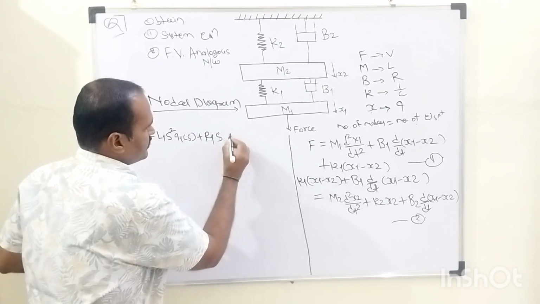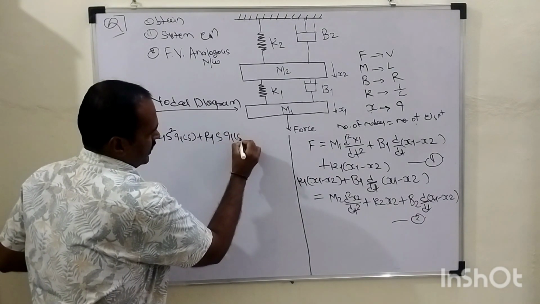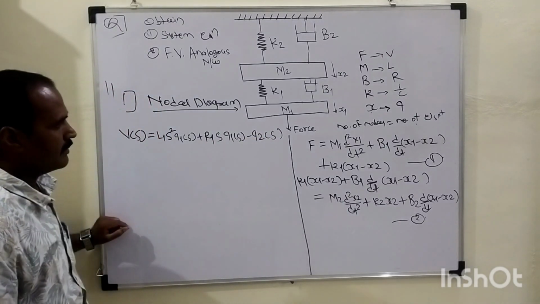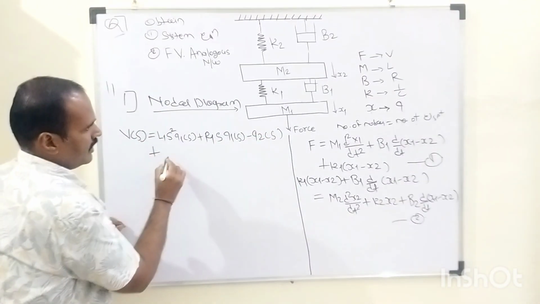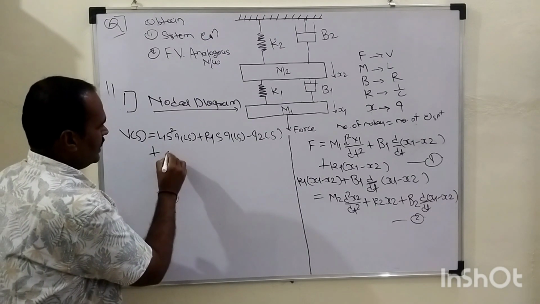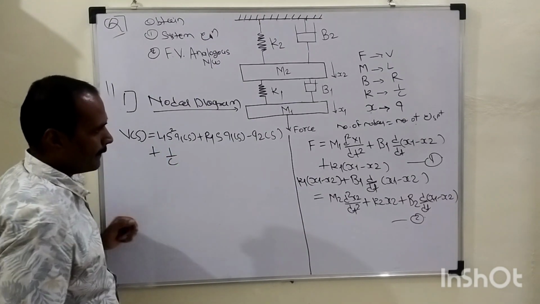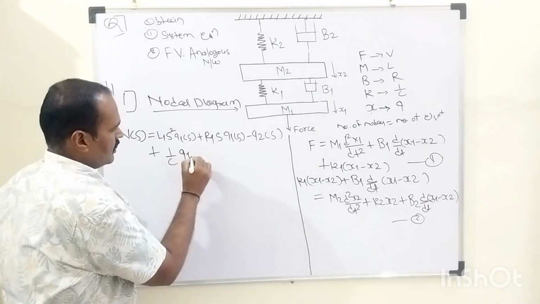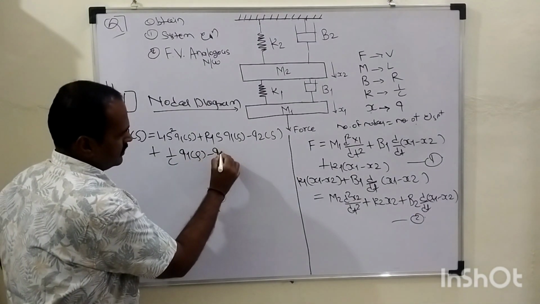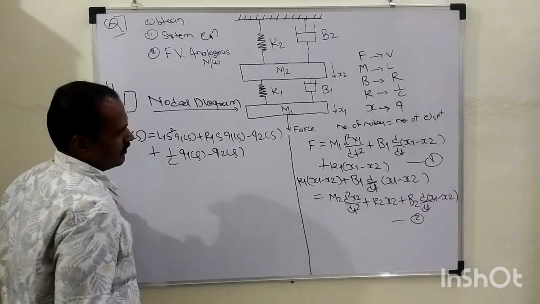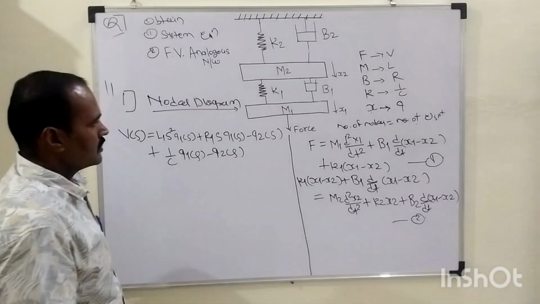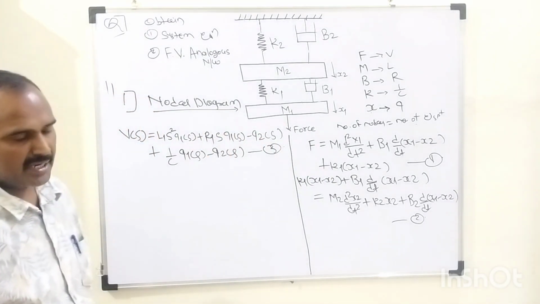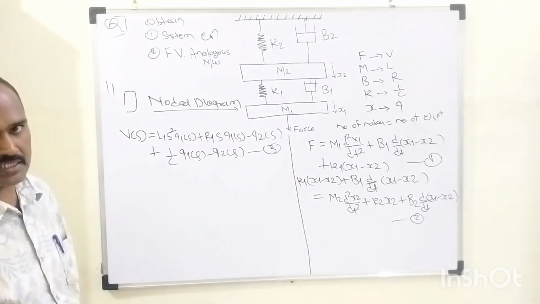Yes, S. X1 will be replaced by Q1 of S minus Q2 of S plus the remaining statement here: K is replaced by elasticity 1 over C. So 1 over C into X, that is nothing but Q1 of S minus Q2 of S. Right? So this is equation number 3 by applying the force voltage analogy as well as Laplace transform.